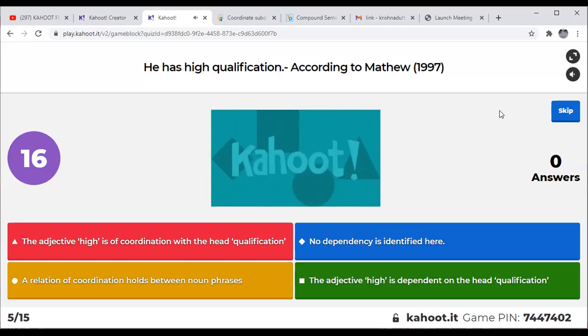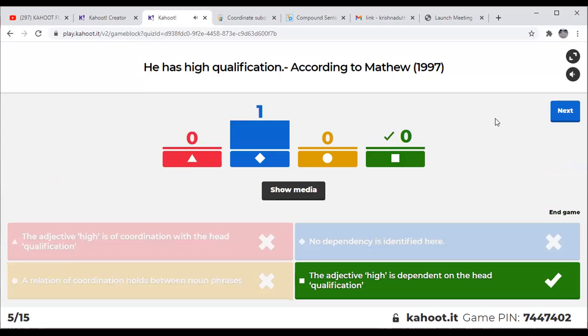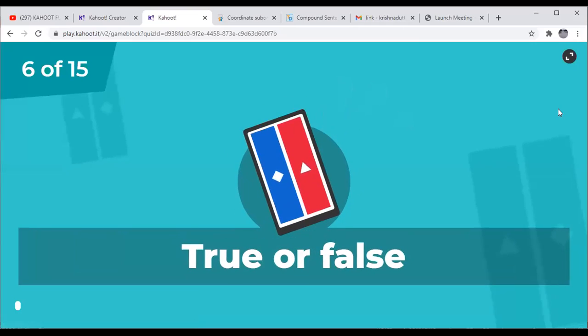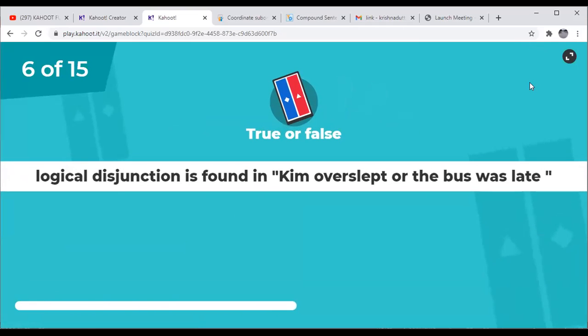According to Matthew 1997, which is the correct one here? The adjective high is of coordination with the head qualification. A relation of coordination holds between noun phrases. No dependency is identified here. The adjective high is dependent on the head qualification. So we got one answer correct. Sumitra ji on top. Okay.